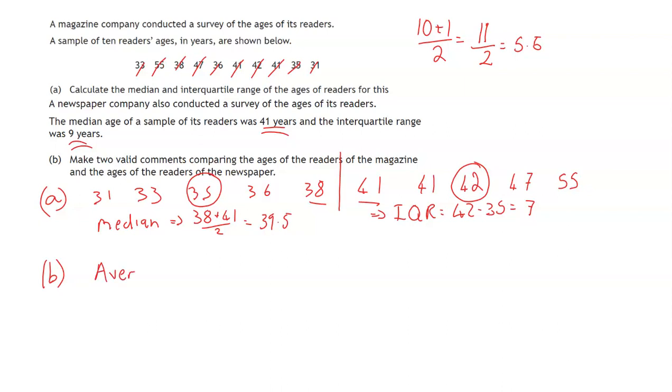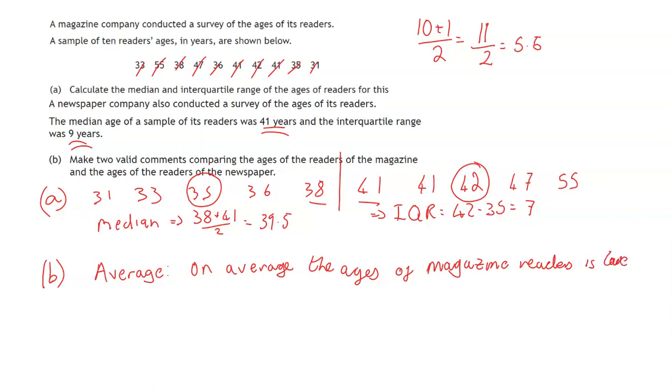So if I make one comment to look on average, I would make a comment along the lines of, on average, the ages of the magazine readers is lower. But I could also look at it from the other perspective as well.